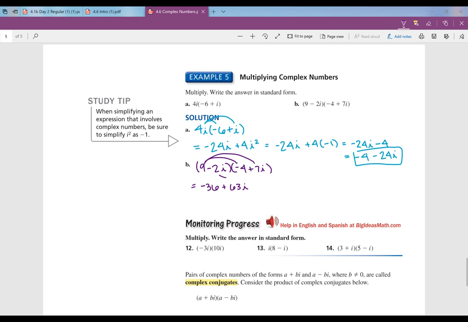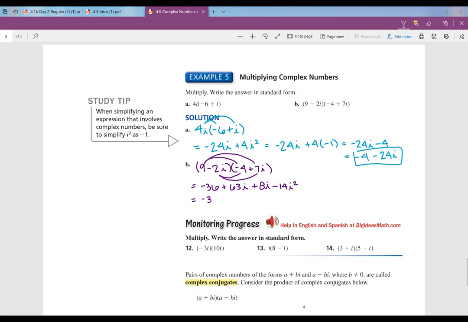Now we're going to distribute our -2i. So -2i times -4. A negative times a negative is a positive. 2 times 4 is 8. And then we have our i. -2i times 7i is going to be -14i squared.